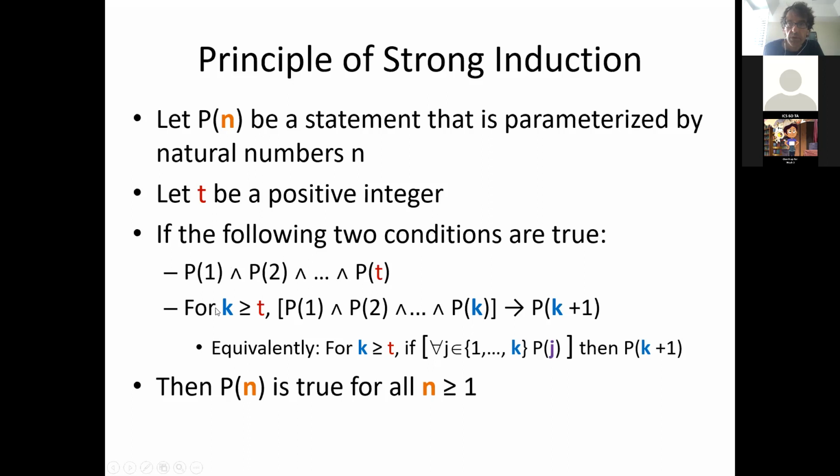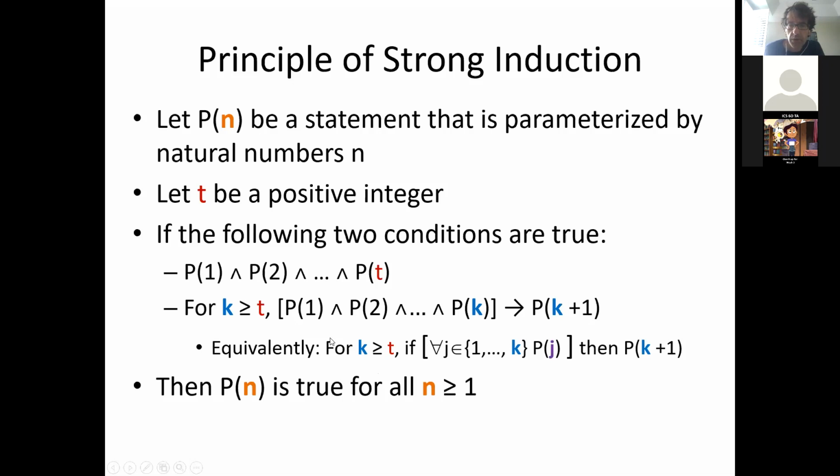And then if you prove the following statement, for every k starting from here, that the conjunction of these statements implies that the predicate holds about 1 more. Then if these two statements hold, that suffices to prove that p is true about every integer starting from this one.